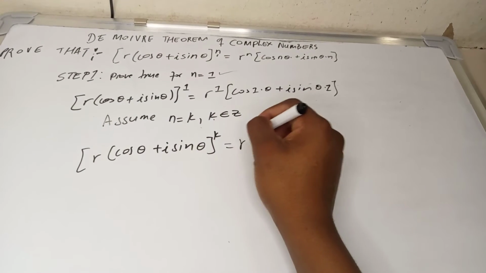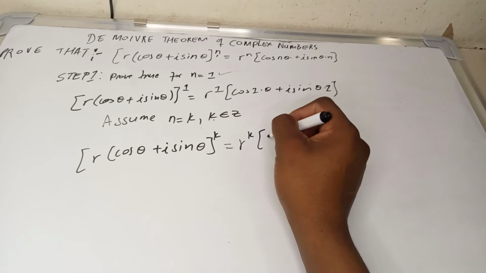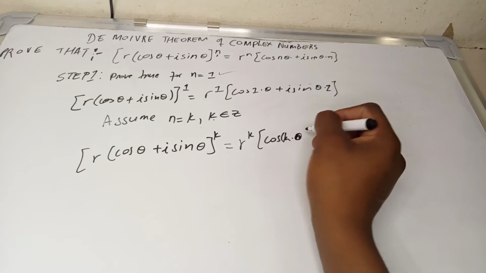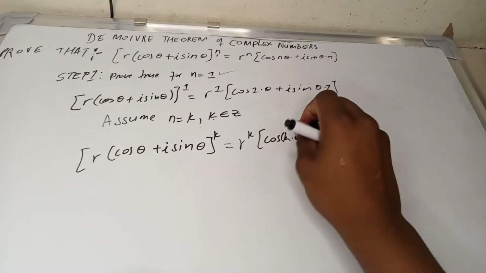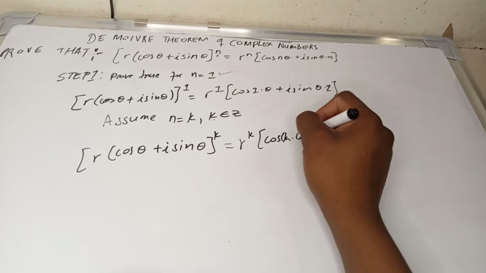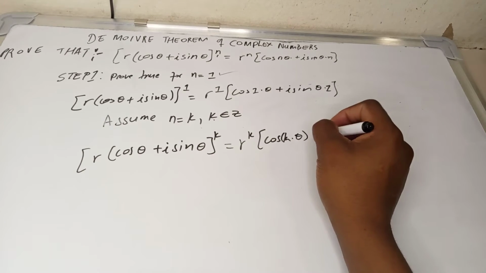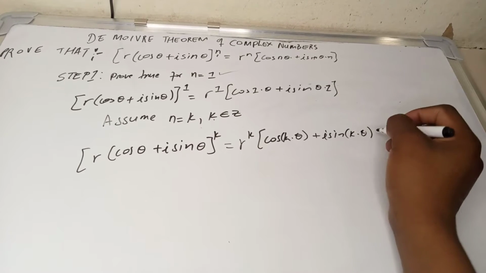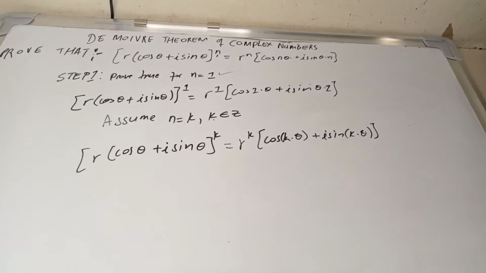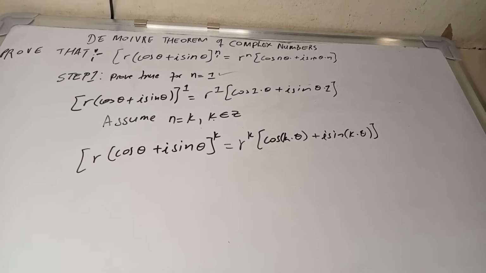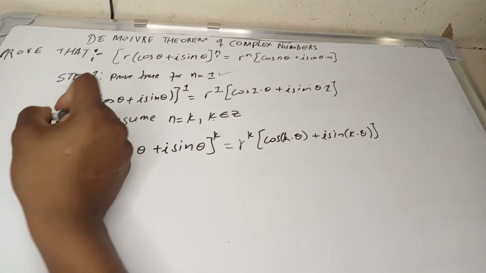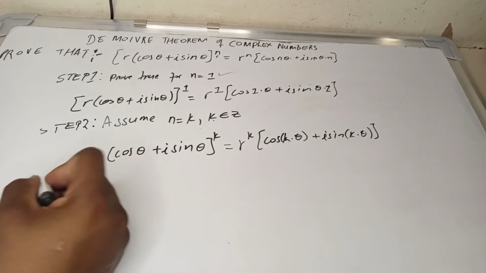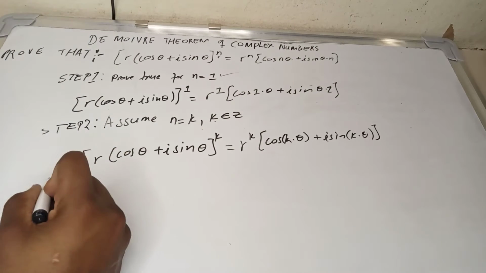Then here I will have r to the power of k times cos of k times theta plus i sin of k times theta. This was step 2. Now we are on step 3.